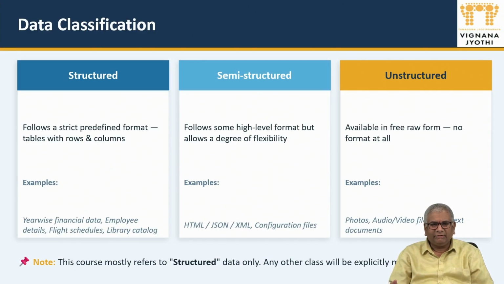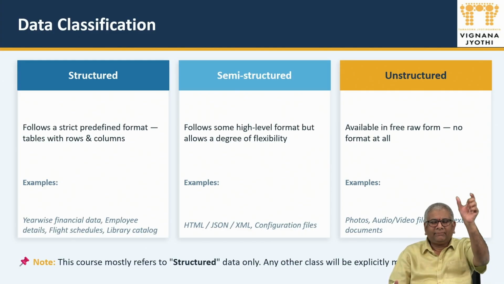Basically tables, with rows and columns, that's what we normally consider as structured data. If you want to connect structured data with real-world examples, like year-wise financial data, employee details, flight schedules, library catalog, all these come under structured data. Now, to take an example, you must have seen the flight schedule, right?